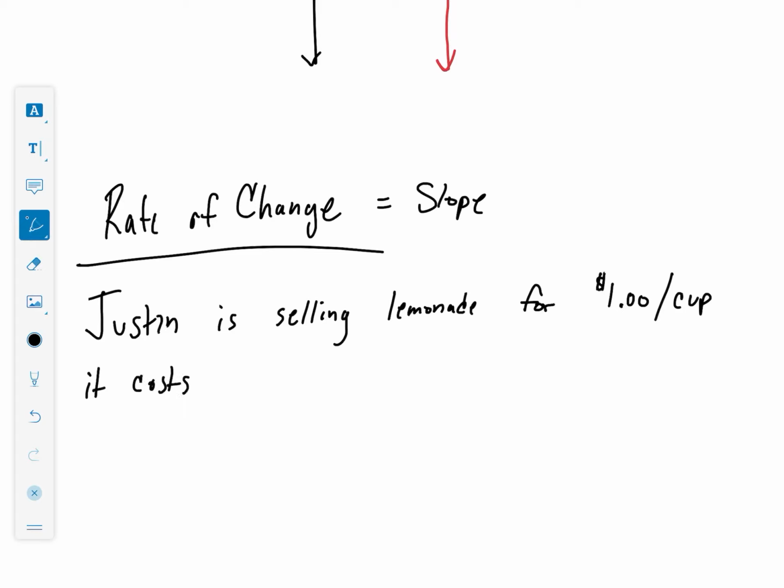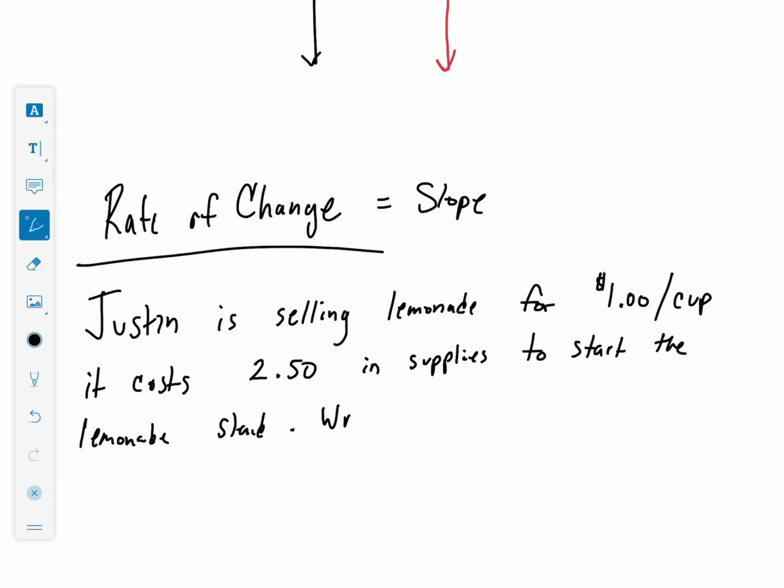It costs, let's say, $2.50 in supplies to start the stand. And we want to write an equation to model the situation.